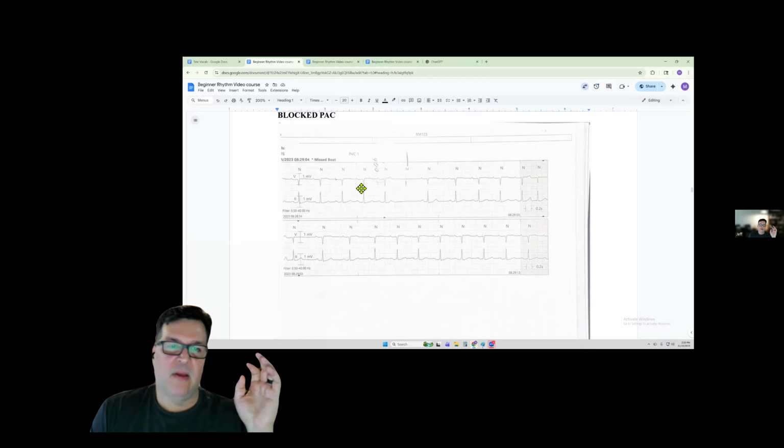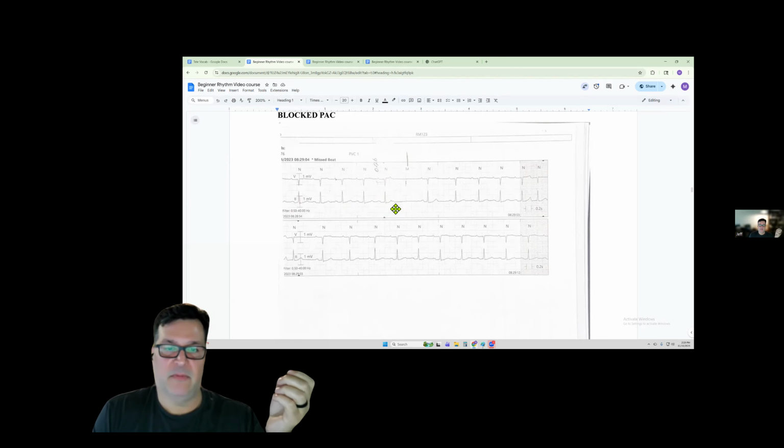See how this P wave marches out up until here? See how much closer this P to P is compared to this P to P? So this is an excited atrial activity. You're going to have, first of all, a different P wave morphology. See how this is nice and rounded down here, and this is pointy right there? Because it's coming from a different area. It's no longer coming from the SA node. This guy is coming from the atrial chamber.